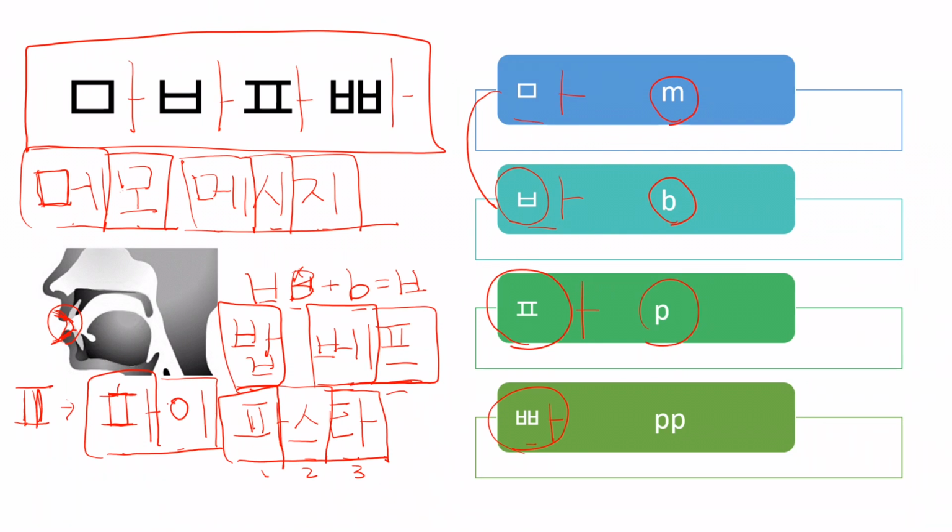Let's go to our last double consonant, which is a strong sound. Ba, ba. The example are 뽀뽀, 빼빼로. So, now, if you are unfamiliar with the b sound, let's think of the word in English.